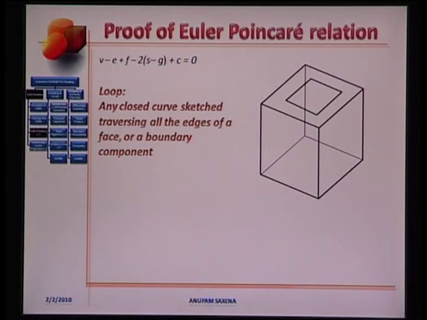If you look at this figure here of a block, we have the top face opened up by a boundary component. So this is the first loop. We traverse the 4 edges of the face which is nearest to us. The second loop, the third loop, traversing the bottom face.